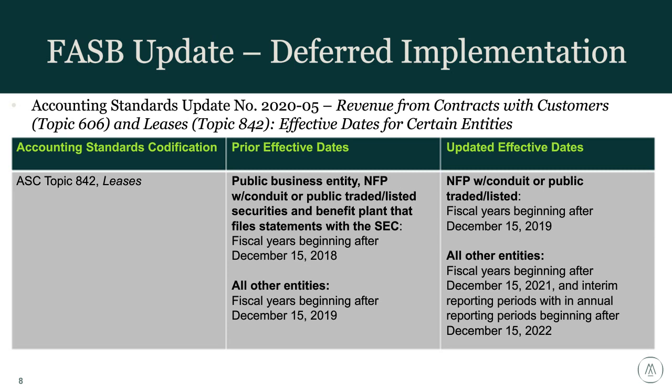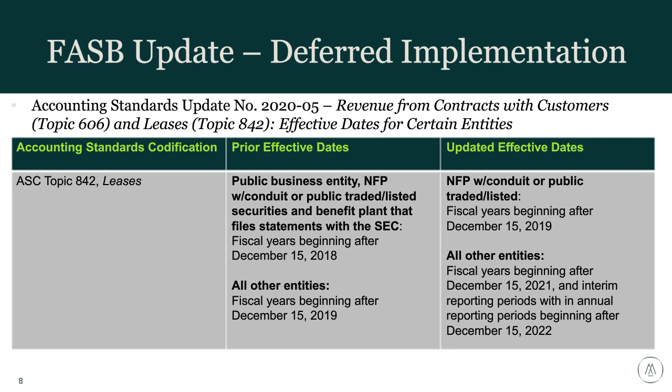For all other entities, the original due date of this effective date was for fiscal years beginning after December 15th, 2019. That was extended in Accounting Standard Update 2019-10, and it was extended 1 year.